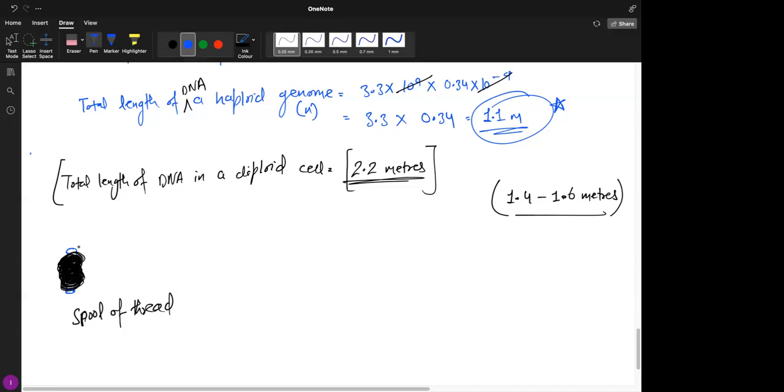Something like this. Sorry for my bad drawing, but a spool of wool or a spool of thread is something you have at home. And that's exactly how biology does it. So it highly supercoils and packs DNA to keep it in a very small space. That's called packaging of the DNA helix.